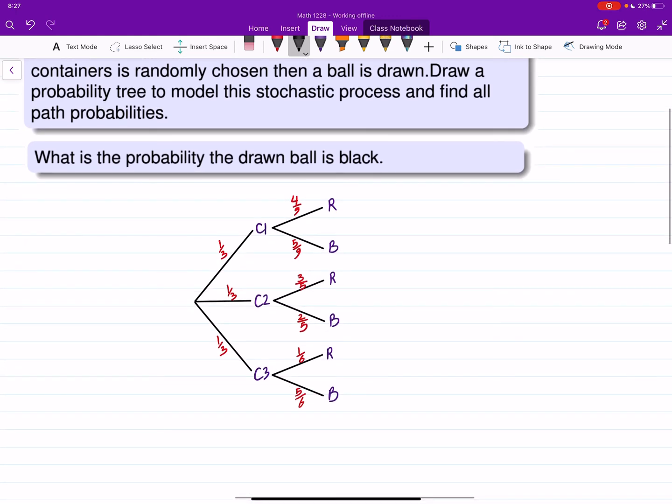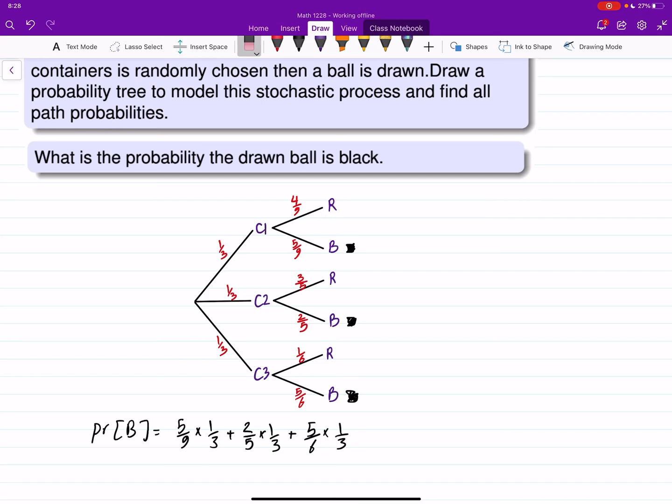The probability that we get a black ball comes either from this one or that one or that one. There are 3 paths here. The first path gives us 5/9 times 1/3. The second one gives us 2/5 times 1/3. And the third one gives us 5/6 times 1/3. Now I will just leave it like it is.